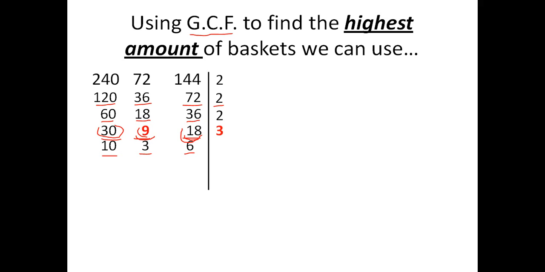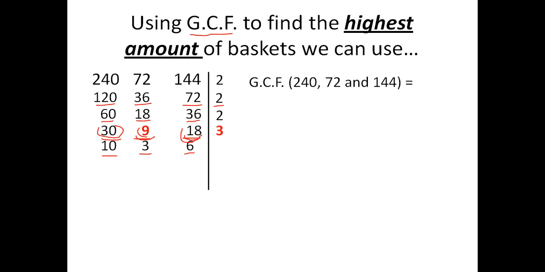That's it. Now we have numbers 10, 3, and 6. There is no number that can divide these three numbers, so what can we do? Well, this is the moment when we finish and we just have to express the GCF of 240, 72, and 144.